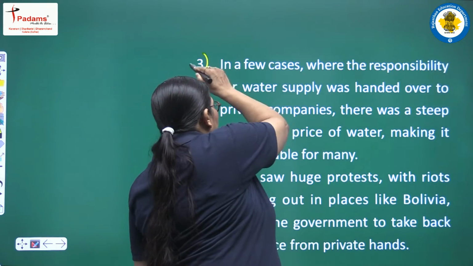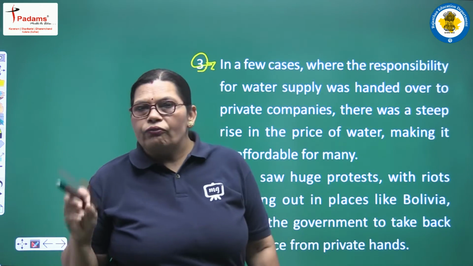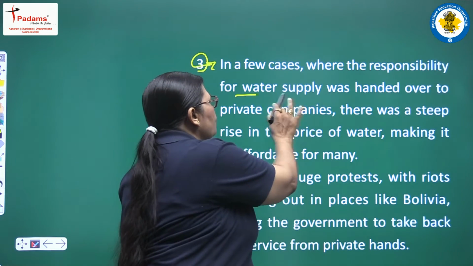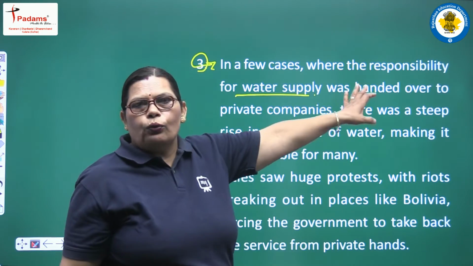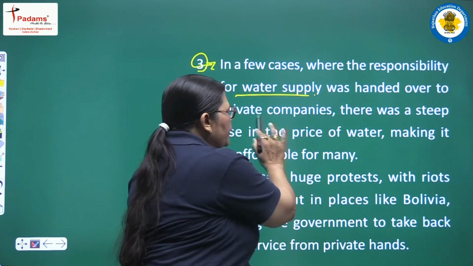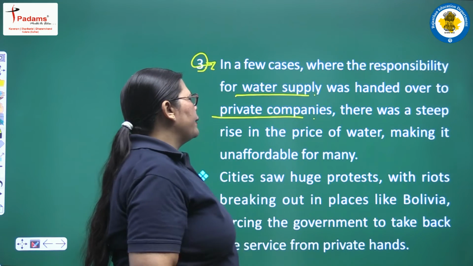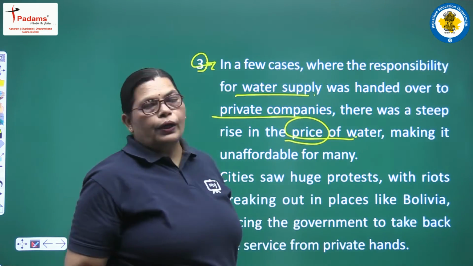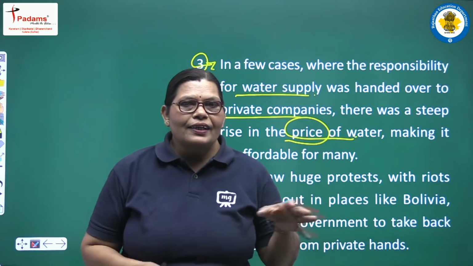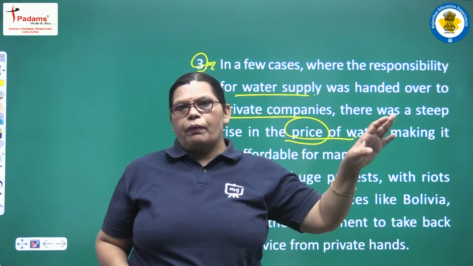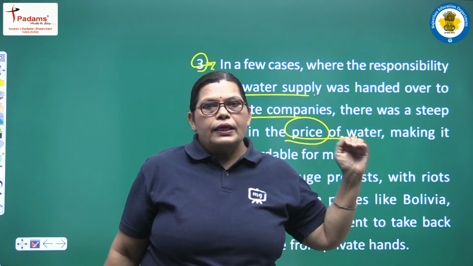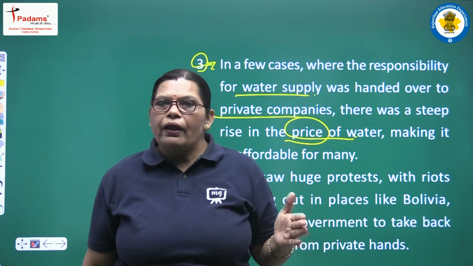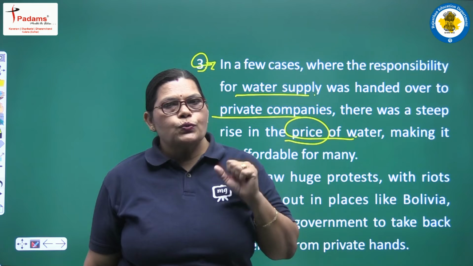We are considering the third point. In a few cases, where the responsibility of water supply was handed over to private companies, there was a steep rise in the price of water, making it unaffordable for many. Under government supply, there is no raising of the amount, but when it is handed over to the private sector, what's the real situation here?